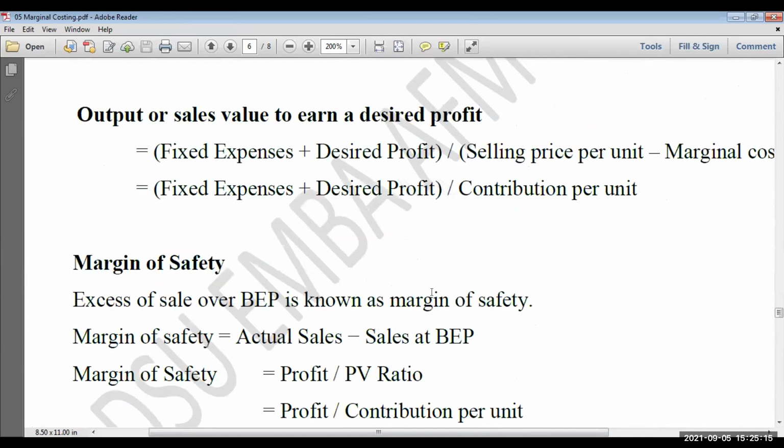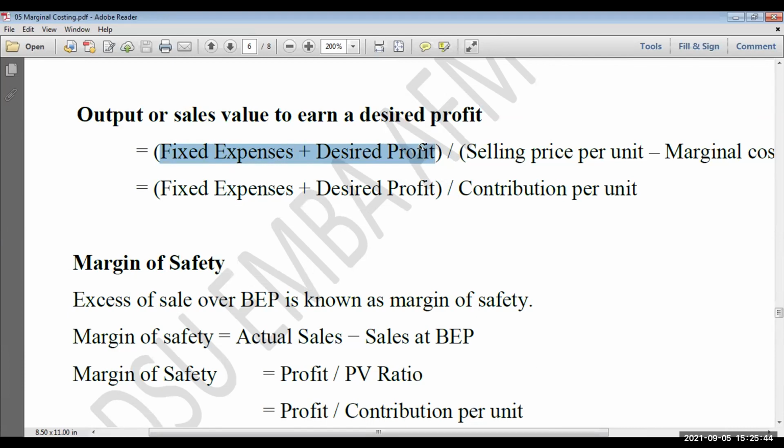Next, the management may also be interested in knowing how many units I should sell to reach a profit of X or Y. I want a profit of 1 lakh. How many units should I sell to reach a profit amount of 1 lakh? For that we have an equation: fixed cost plus desired profit, because variable cost is already covered in the sales.